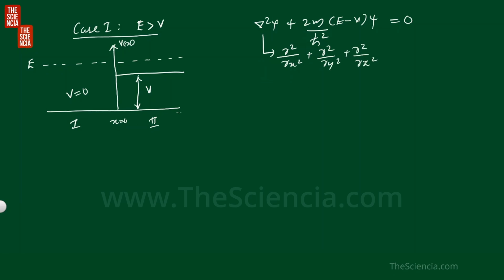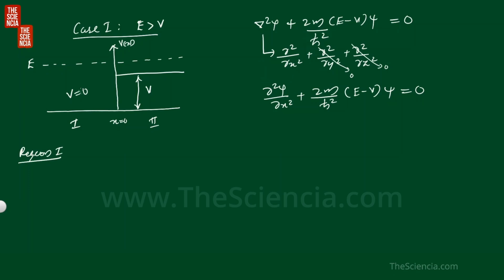But here this is a 1D case, only the x-axis is there, so all the other terms will be equal to 0. The Schrodinger equation reduces to dou square psi by dou x square plus 2m by h cut square (E minus V) into psi equal to 0. Now we can solve this Schrodinger equation in region 1.